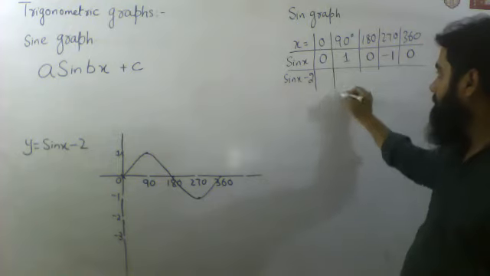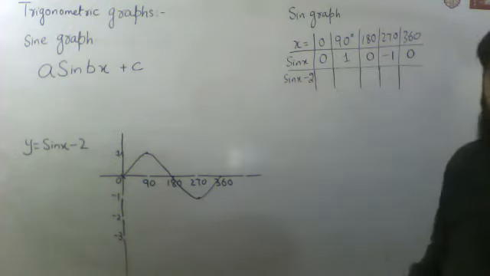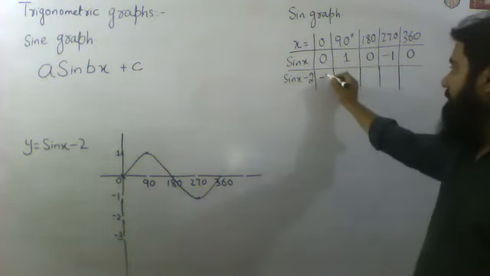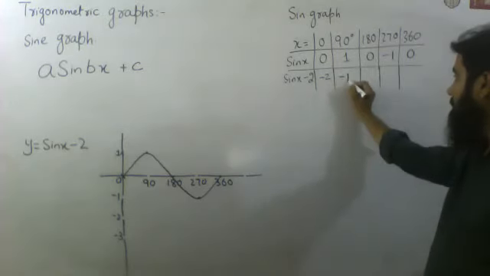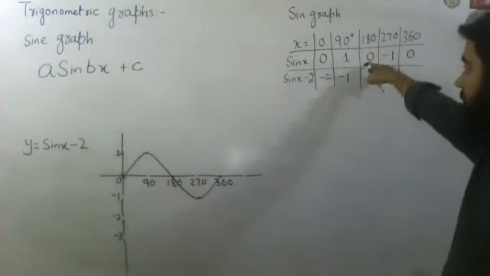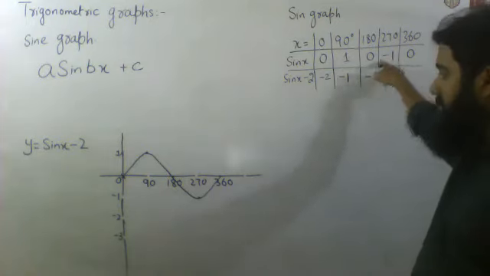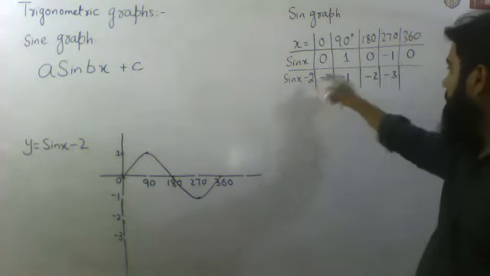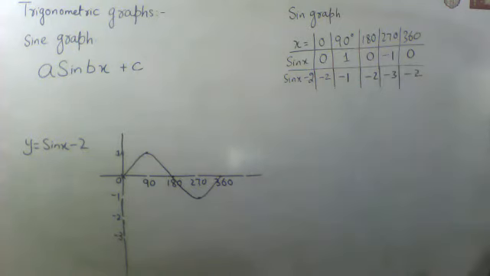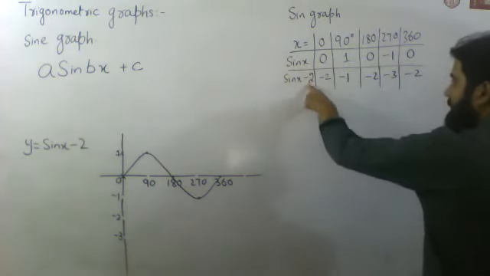So 0 will become -2, 1 will become -1, 0 becomes -2, -1 becomes -3, and 0 becomes -2.